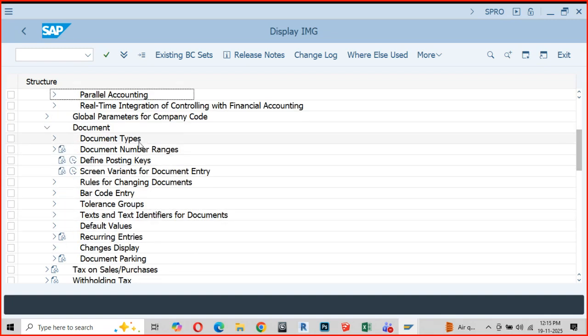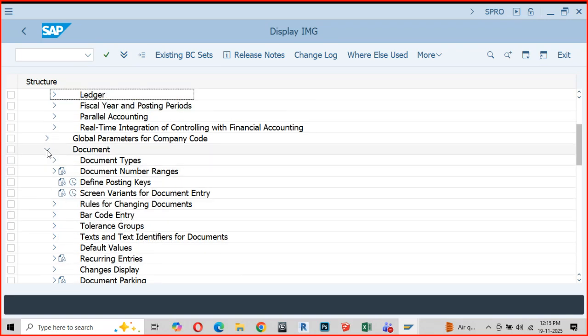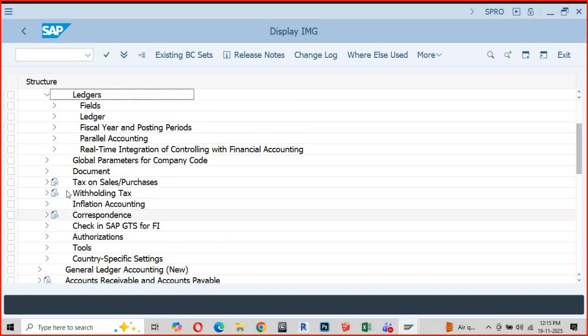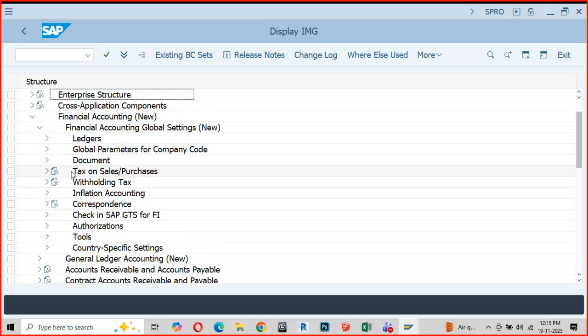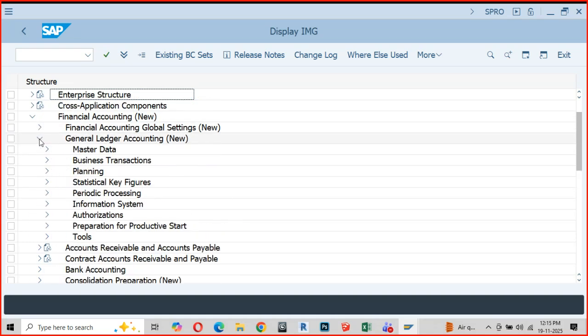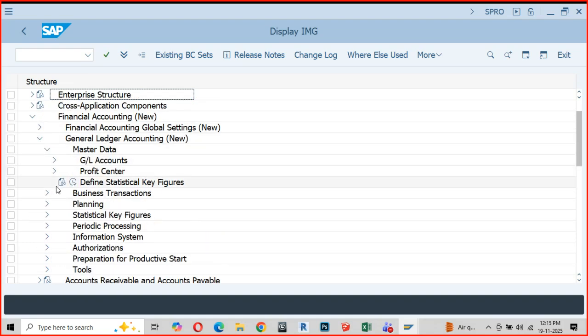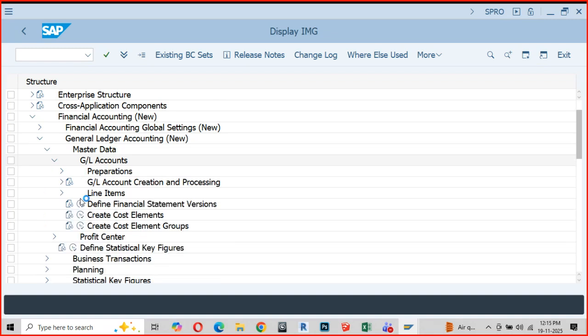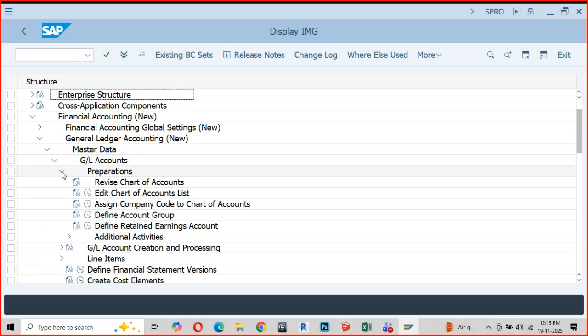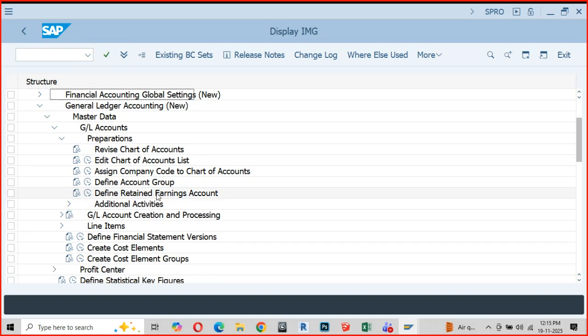We have finished document types, tolerance groups, posting keys. You see something called a retained earnings account here.